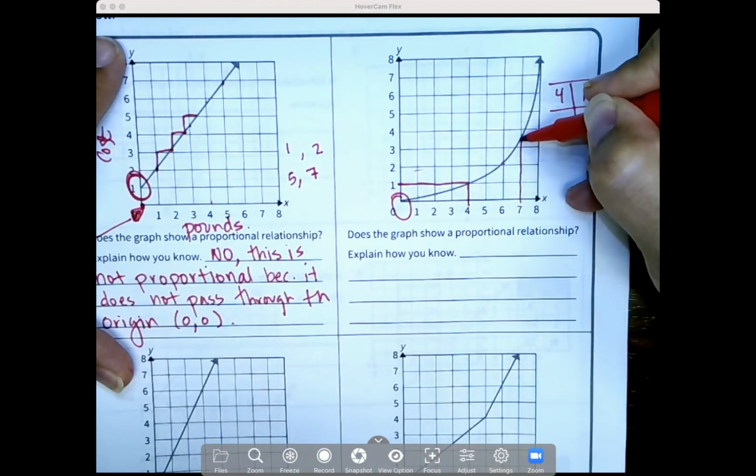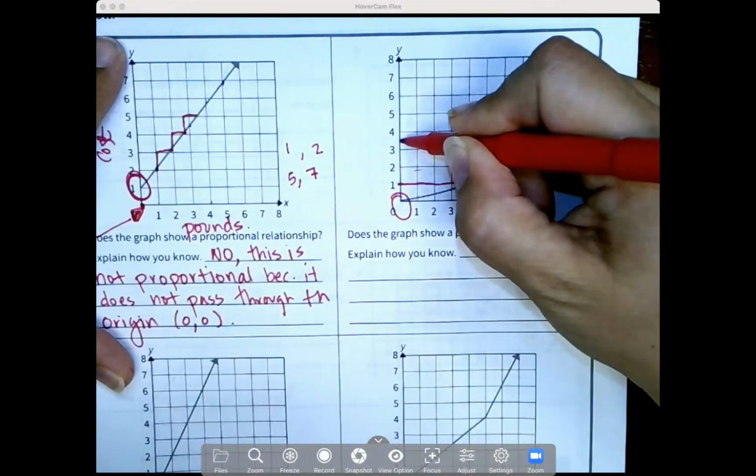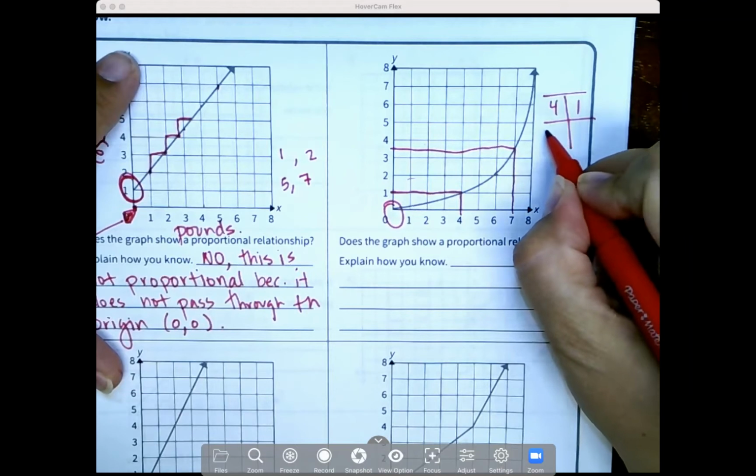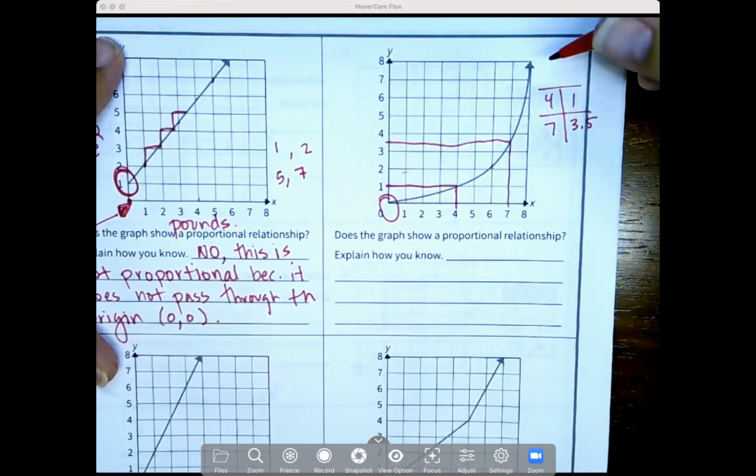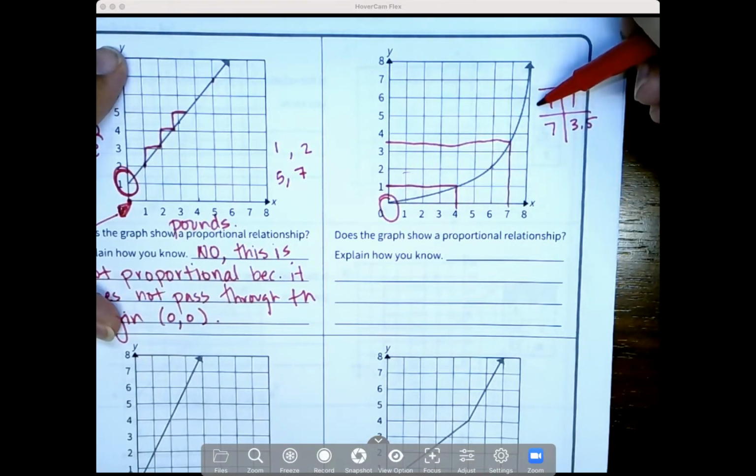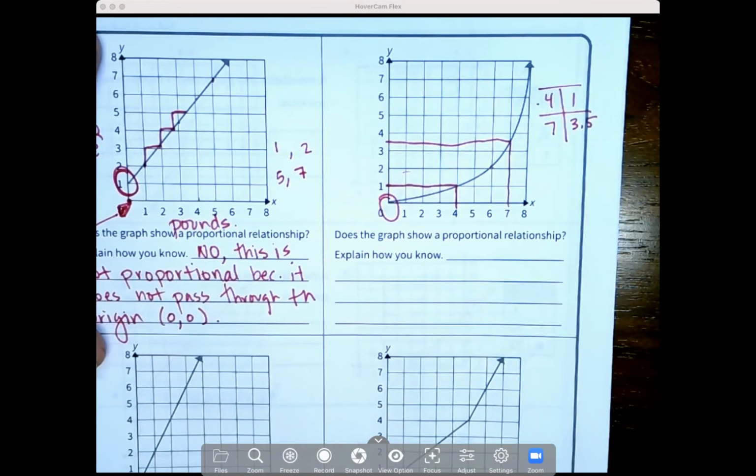I might say that this is like 7 and 3.5. All right, but are these the same? If I did 1 divided by 4, you might get the same value as 3.5 divided by 7. And you can have them work that out.